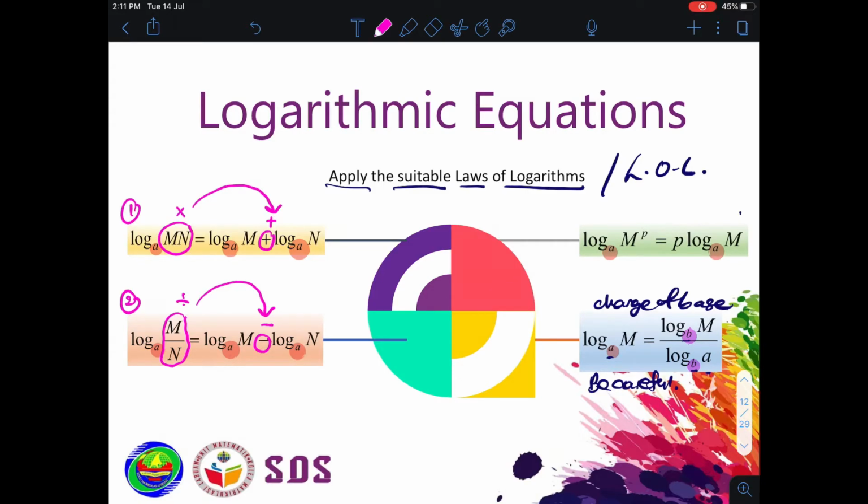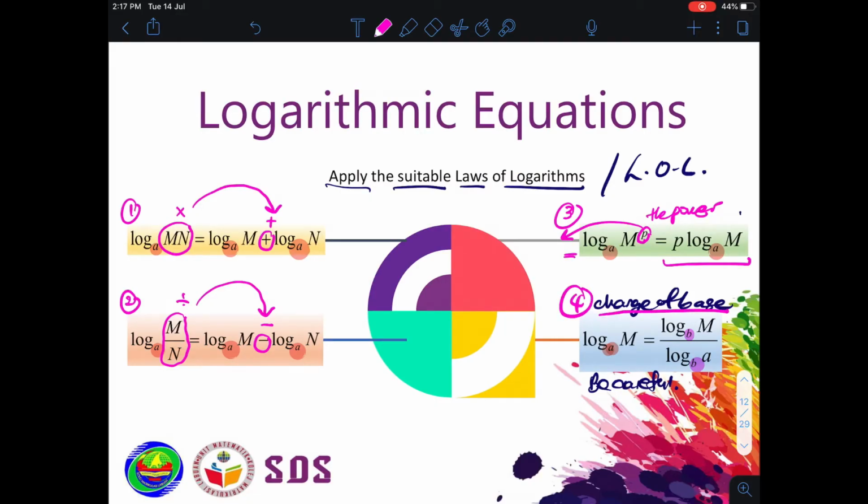For the third one, if the function has a power, you only bring the power down to the front.